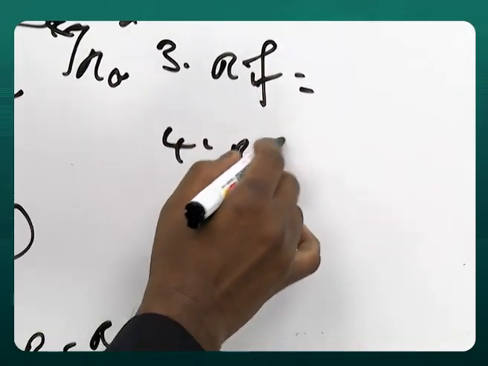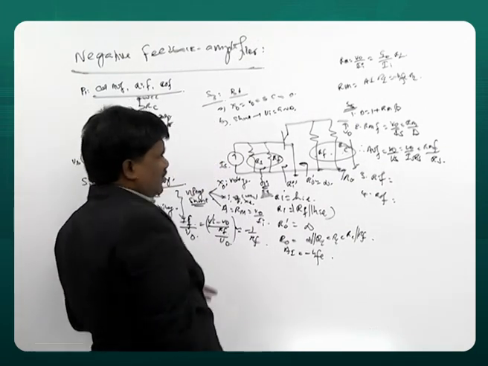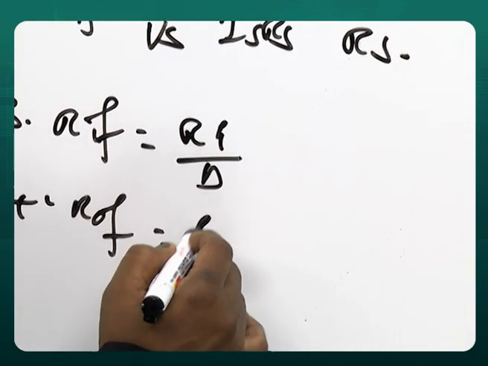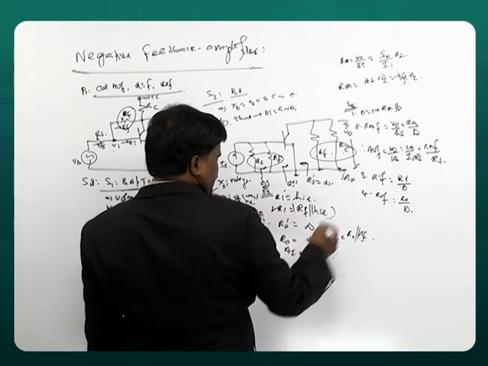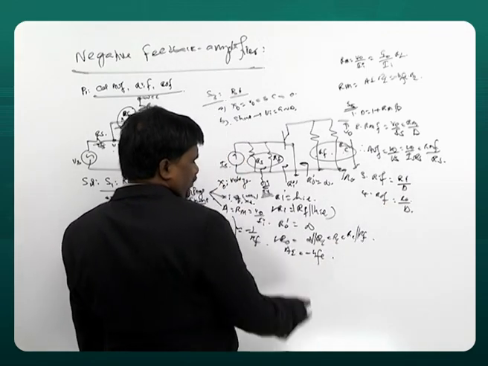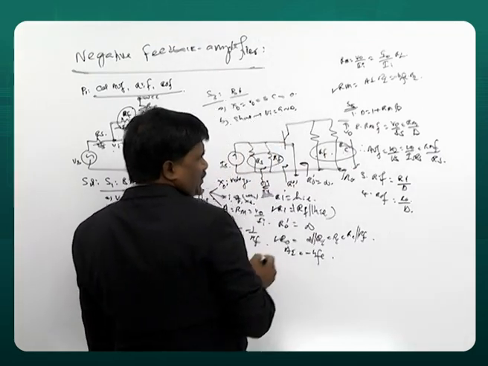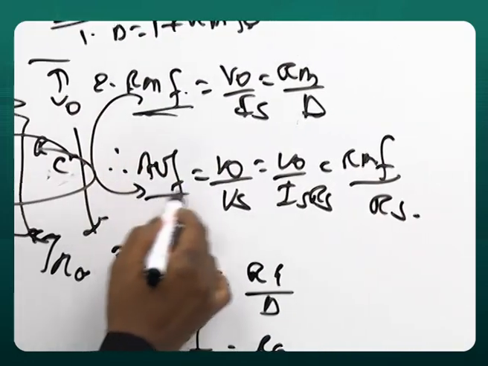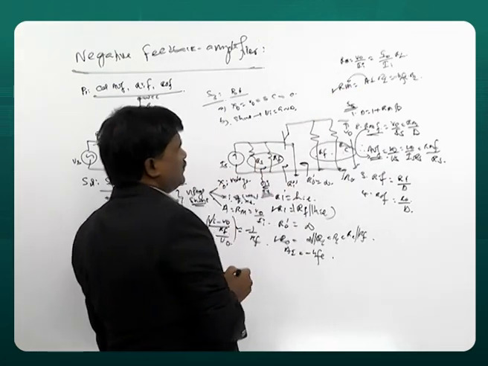RIF, R naught F. What is RIF? In a trans-resistance amplifier, both are divided by D. Whatever you got here, divide by D, and whatever you got here, divide by D. And from the current gain we have developed, you can get from RMF the AVF.